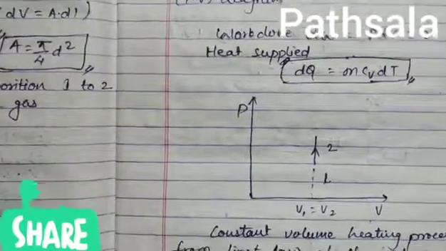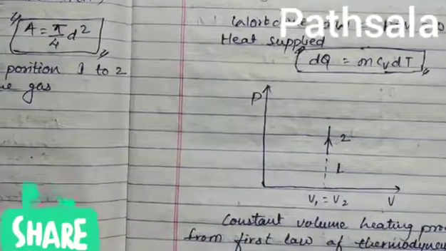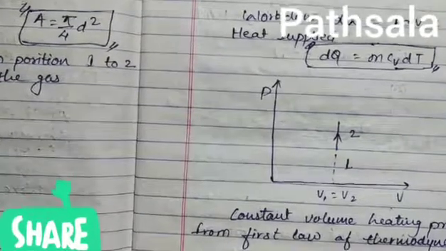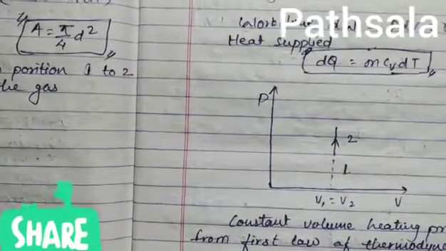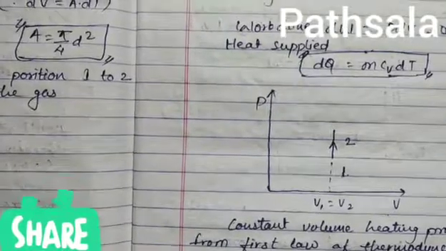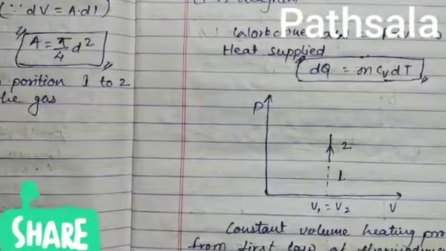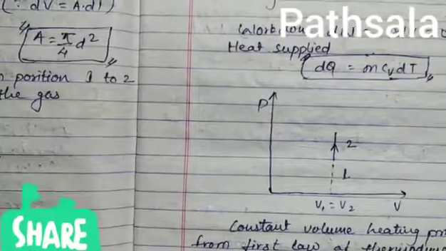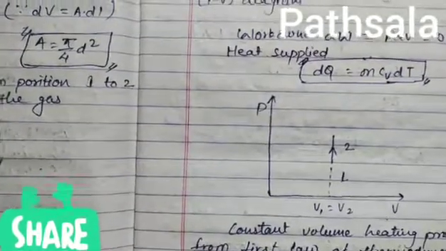Applying the first law of thermodynamics, we get dQ is equal to m Cv dT. As we know, by the first law of thermodynamics, dQ is equal to change in internal energy plus the product of pressure and change in volume.